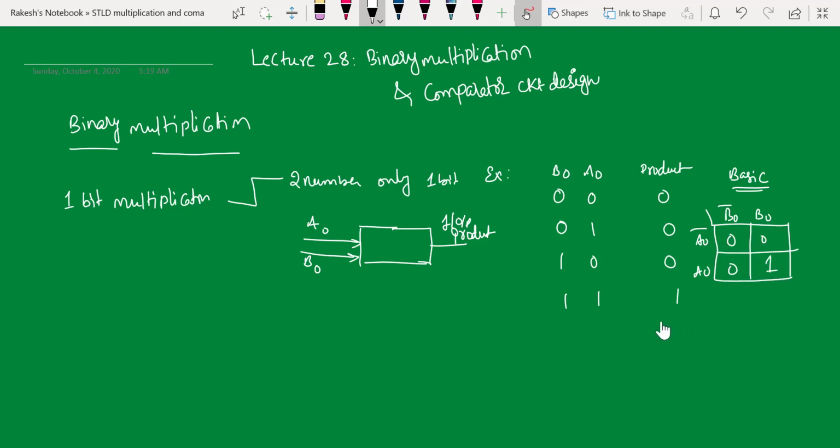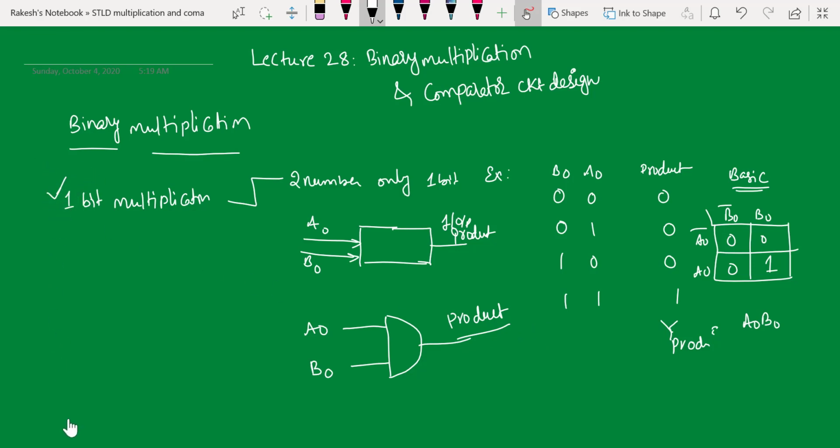If I write my product term output, Y product will be A0 into B0. That means I can simply use one AND gate to get the product of two 1-bit numbers, whether it is 0, 0 or 0, 1 or 1, 1, whatever it is. So this is how you are going to do the 1-bit multiplication.